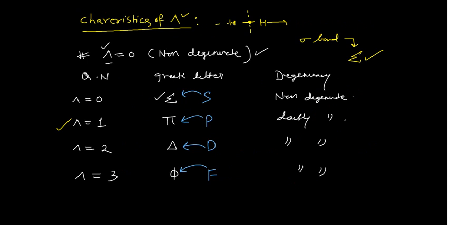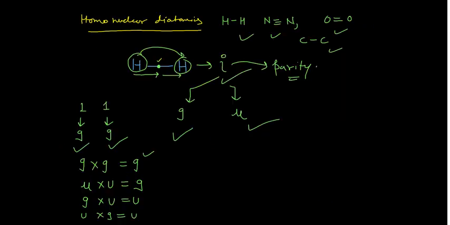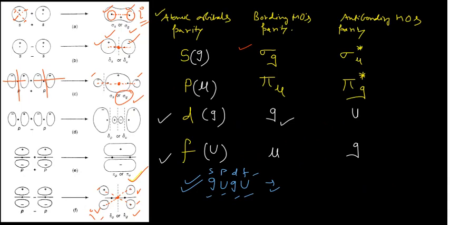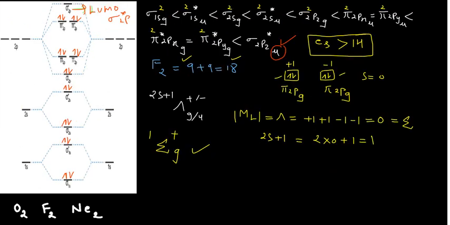Okay, and based on the rules, I have determined the molecular term symbols for the different species. Okay, and these are all the things which I have explained. These are the molecular orbital diagrams which are a must to designate the term symbols for any ground state or excited state.